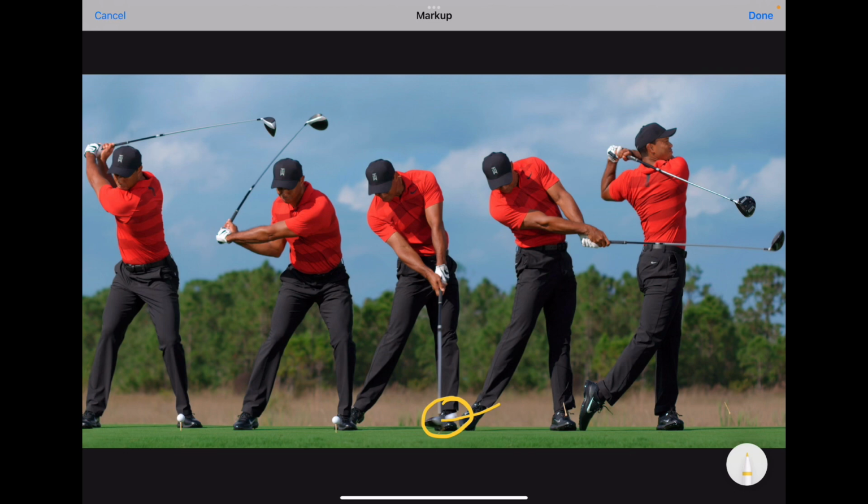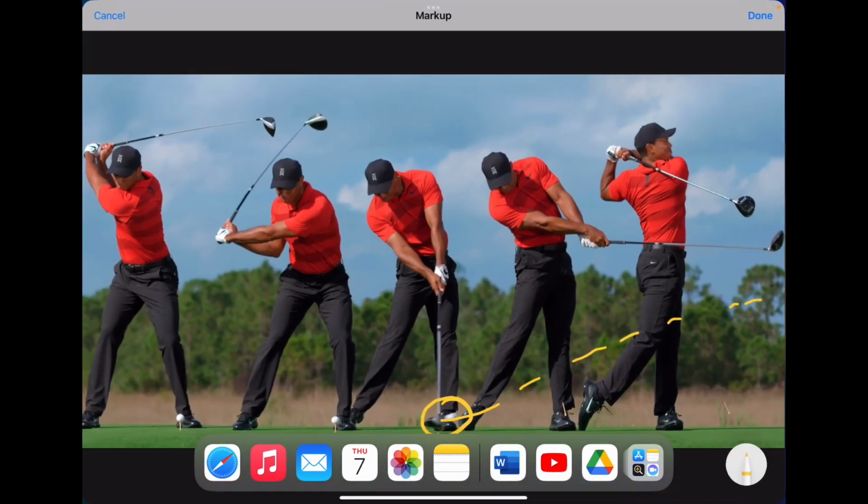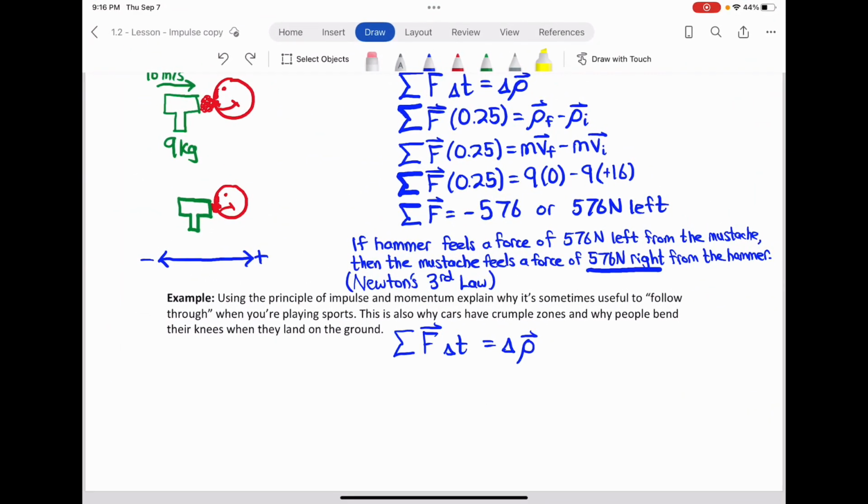It's not just in contact with the ball for an instant, it's in contact with the ball for a period of time, and they move together before the ball actually leaves the club and flies off the screen. So by following through, you are making sure that your club is in contact with the ball for as much time as possible. So by thus increasing this delta T, that gives you the biggest possible change in momentum for your ball, giving you a nice long drive.